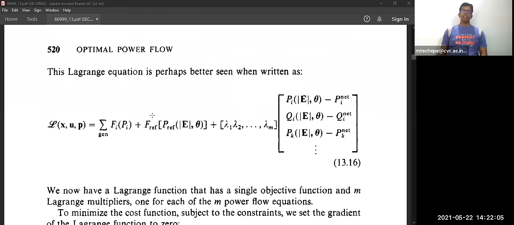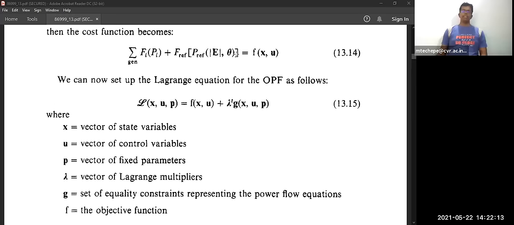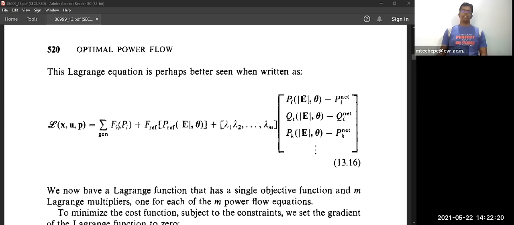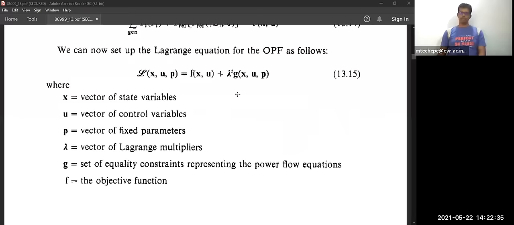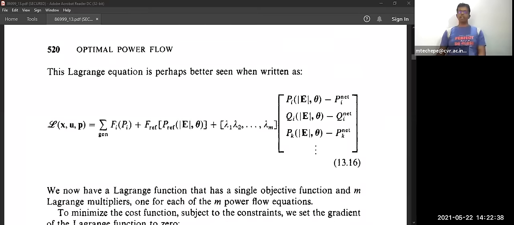Next, the Lagrange function is rewritten by substituting the objective function that we already derived. So f of x comma u becomes Fi of Pi for all generation plus F reference of P reference of e comma theta, plus lambda dash, where lambda dash is nothing but lambda 1, lambda 2 up to lambda m.